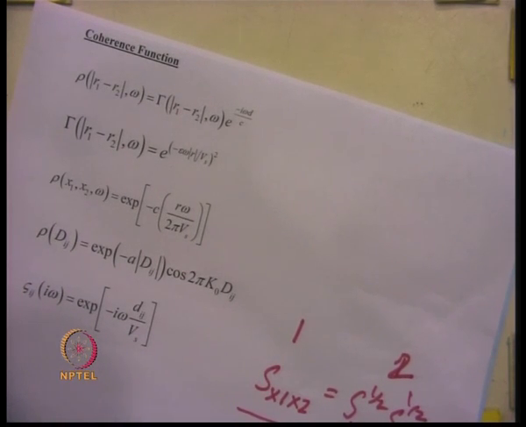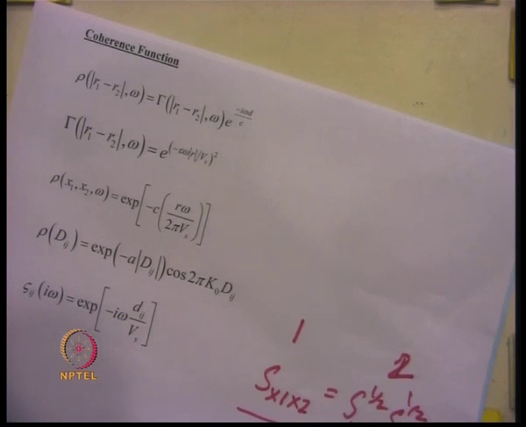in the form of A plus iB, and then Sx1x2 no more remains a real quantity, but a complex quantity. But in the problems of probabilistic analysis of structures using spectral analysis, there is absolutely no problem in tackling Sx1x2 as a complex function.